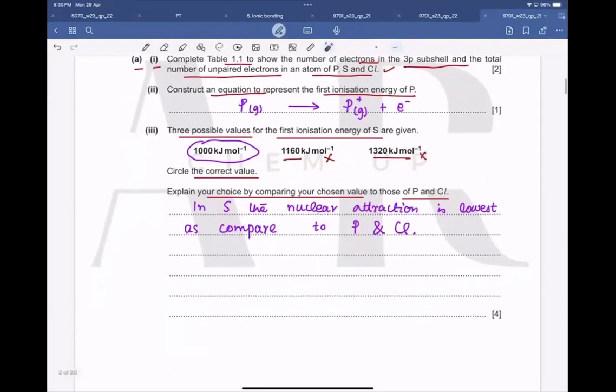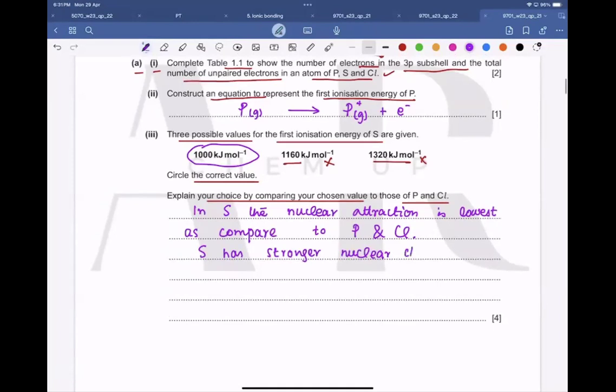Okay. Then sulfur has a stronger nuclear charge than phosphorus.